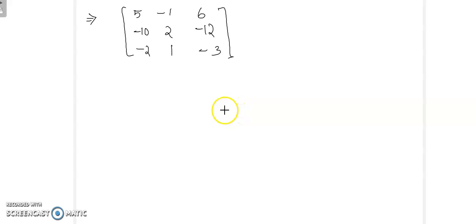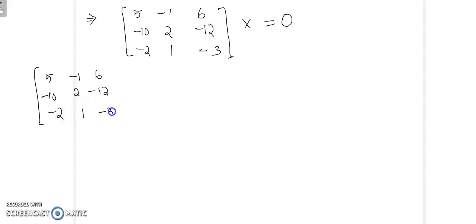Now let us solve for this equation. Now when you solve for the equation, x equal to 0, let us simplify, row reduce the matrix. So 5, minus 1, 6. Then you have minus 10, 2, minus 12, then minus 2, 1, minus 3.